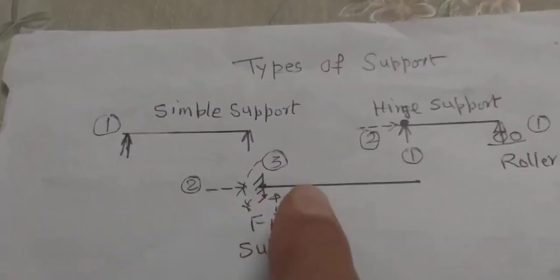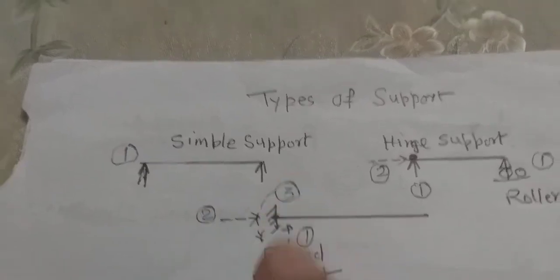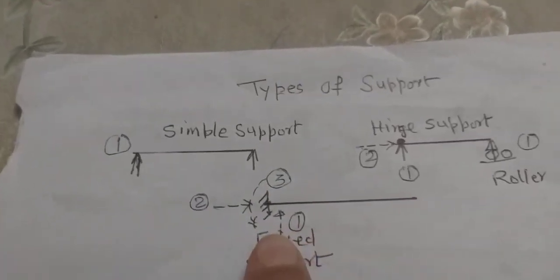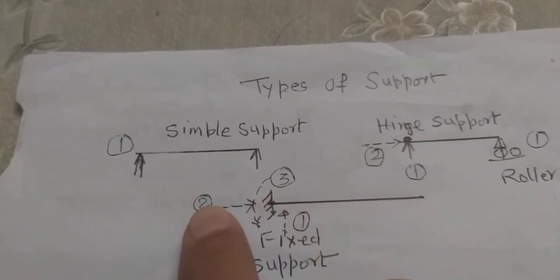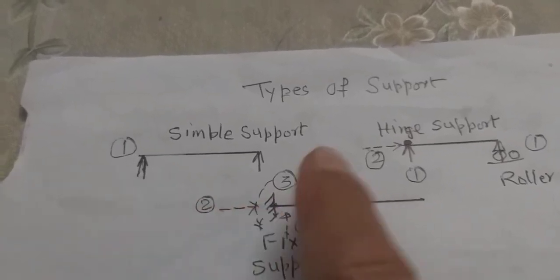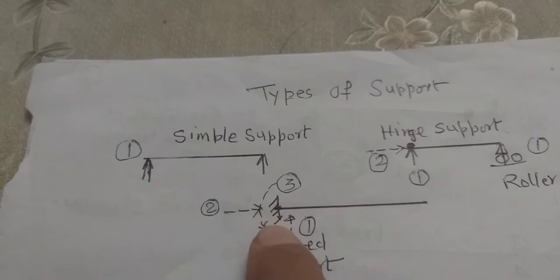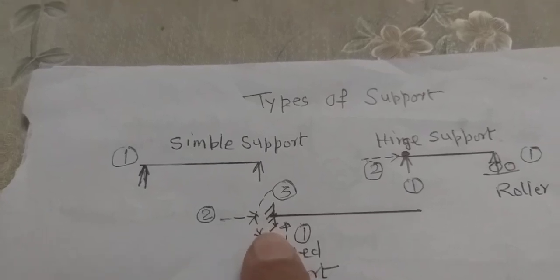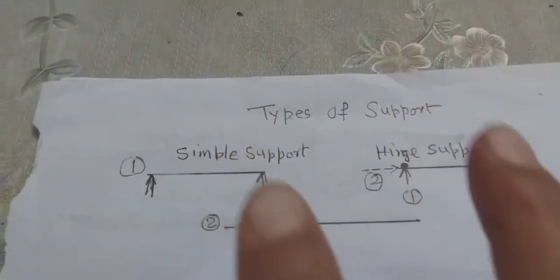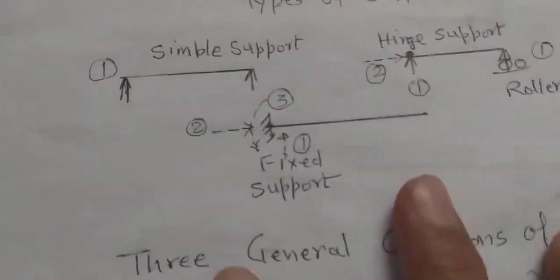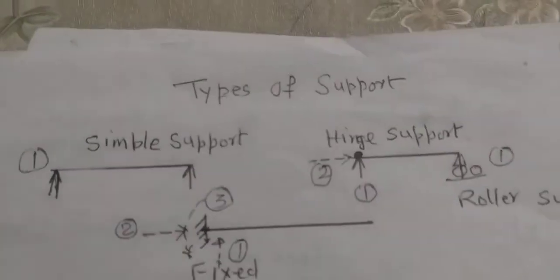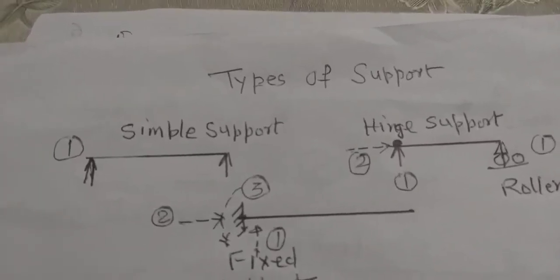Fourth one rather, there are fixed supports. It has got three reactions: one vertical, other horizontal, and third the moment which is coming over here. Now we have come across all four types of supports, and accordingly how much reaction is developed.